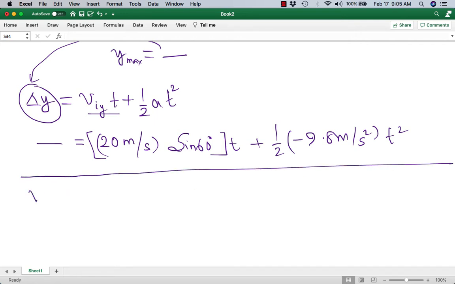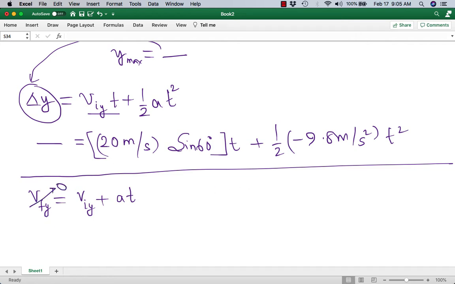We also have v final is equal to v initial plus at. Here we are talking about the vertical motion, so we need to write y here. For the time for the maximum height, v final y would be 0.